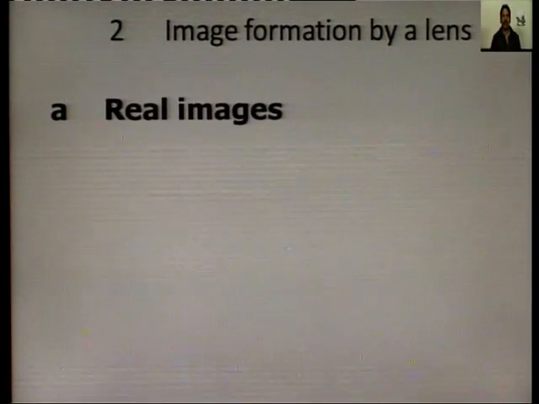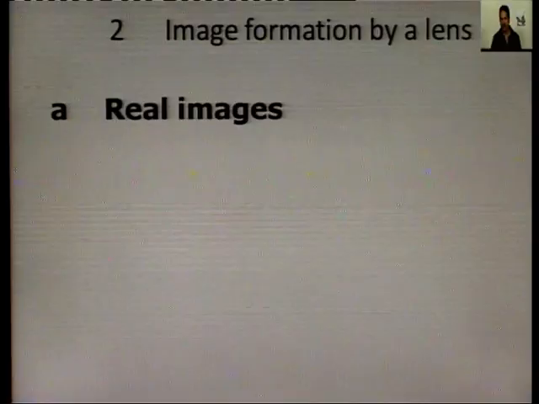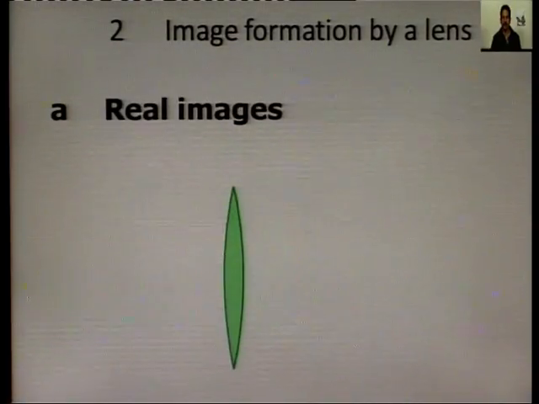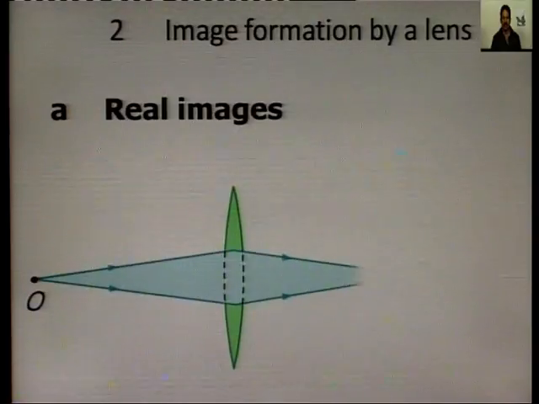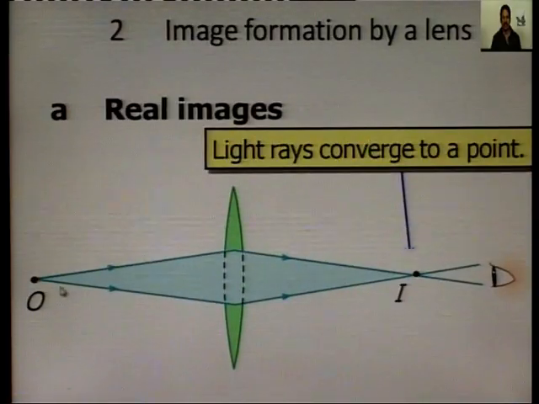Now, images are of two types. First is real images. Now, what are real images? Let us discuss the same example again. The light rays emerging from object O after passing through this lens actually converge to a point or meet at a point.